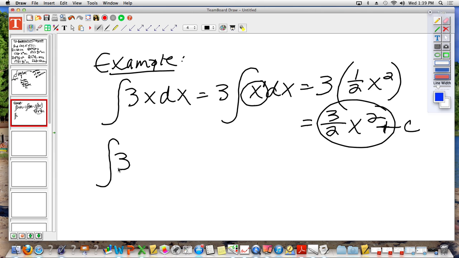If I don't give you some direction here and say dx, you don't know when you find the original function, is it going to be 3t? Or is the original function 3x? Or is it 3 theta? Because the derivative of this is 3, the derivative of this is 3, the derivative of this is 3 also. So all this is telling me is that when I come up with my original function, I've got to have an x in it.